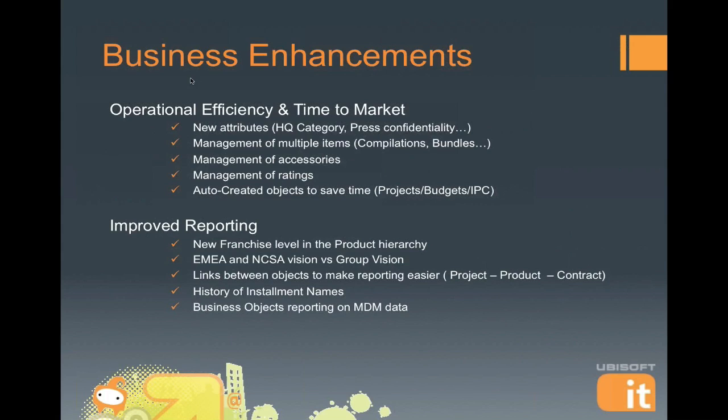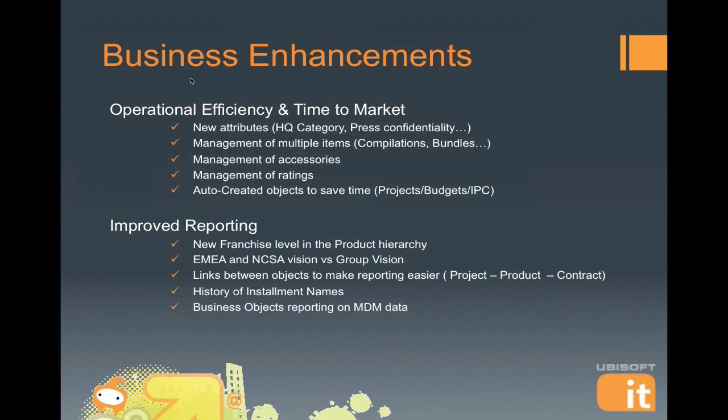Something we didn't have before is we were able to actually include the ratings management for our products as well, that we hadn't originally anticipated as a requirement. We were able to just add it because of the ease of modeling. And then the way that the product allowed us to automatically create objects certainly saved time from doing them across the world and each and every different location. The auto-created objects just made that easy for us to cut time there.